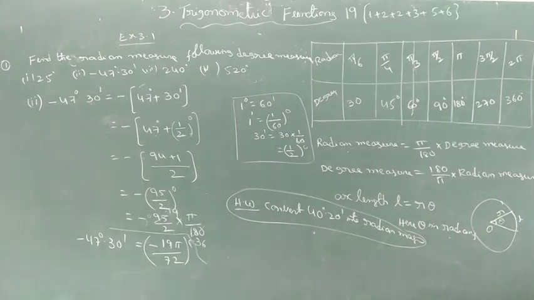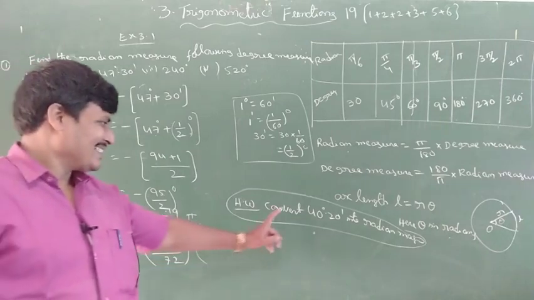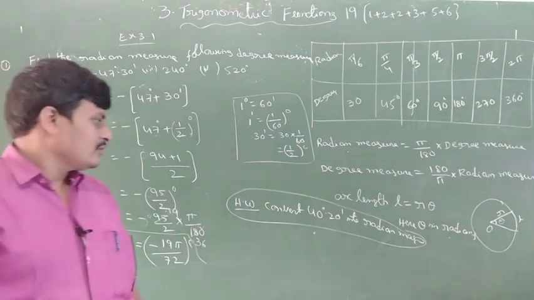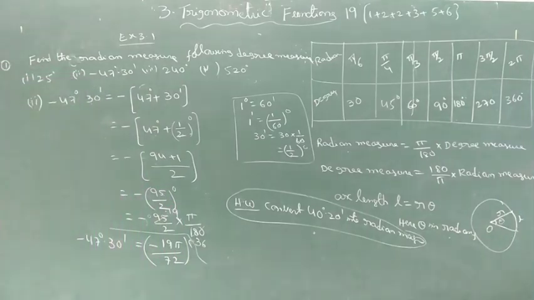We can try. Try compulsorily, we'll do it because this is the first PUC. We have to do it. Okay. This is the radian measure: convert degree measure into radian measure.